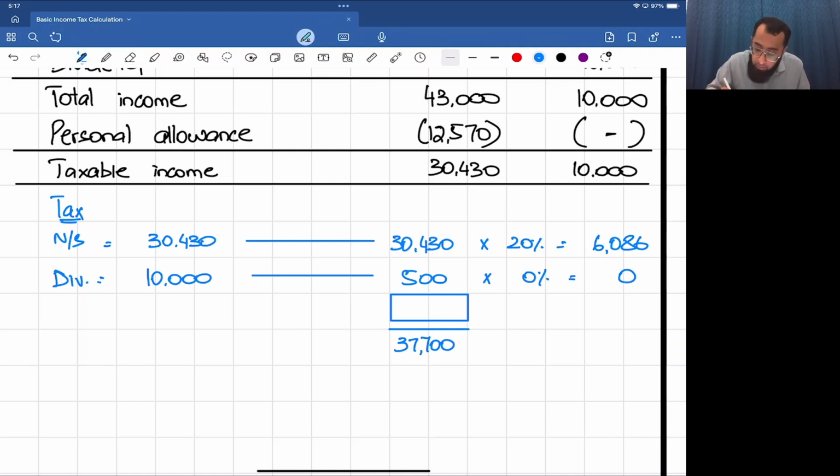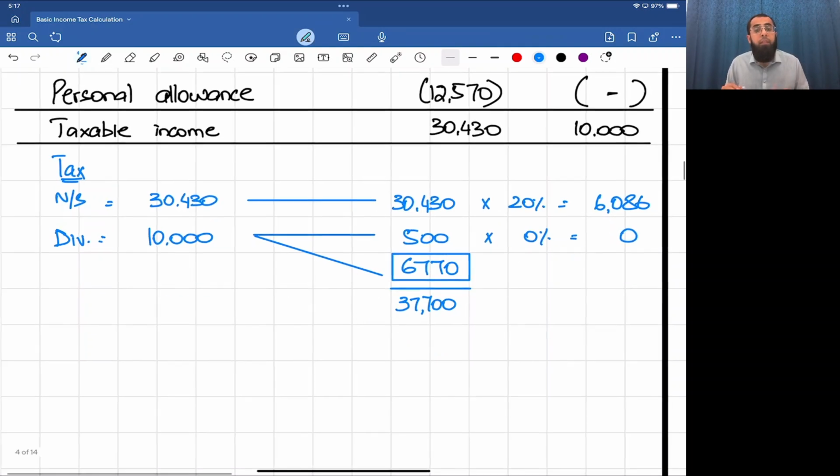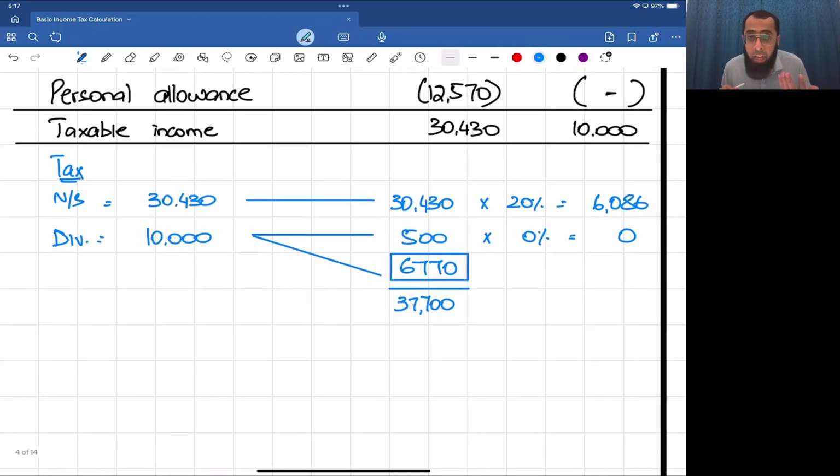So this means you have only 6,770 available in the basic rate band. See, your basic rate band is 37,700, 30,430 used by the non-saving income, 500 pounds used by the portion of dividend income.